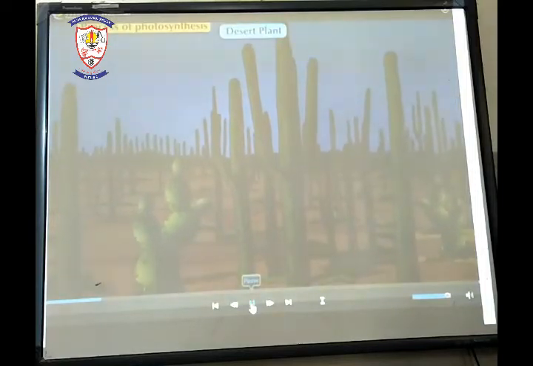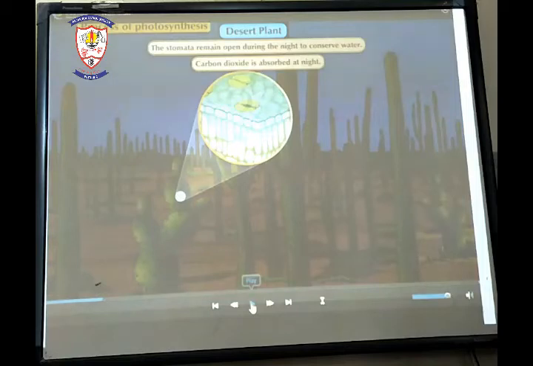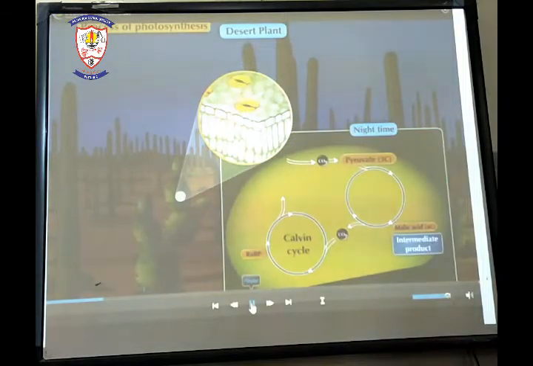Here see, in the case of the desert plant, the stomata remain open during the night to conserve water. Here you can see the carbon dioxide is absorbed at night, and it is converted to the intermediate product.